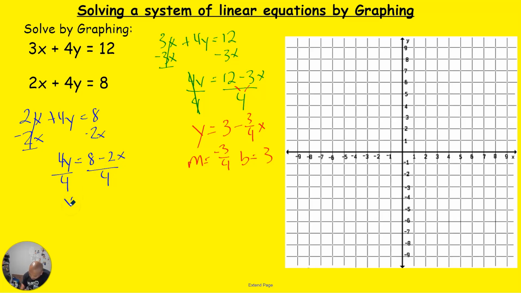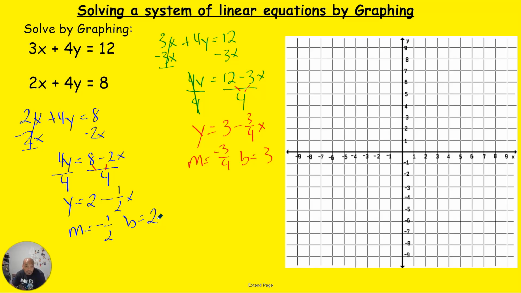We're going to divide each one of these terms by 4. So 8 divided by 4 is going to be 2, minus 2 over 4 is going to be negative 1/2 x. Our slope is going to be equal to negative 1/2, and our b, or y-intercept, is going to be 2.